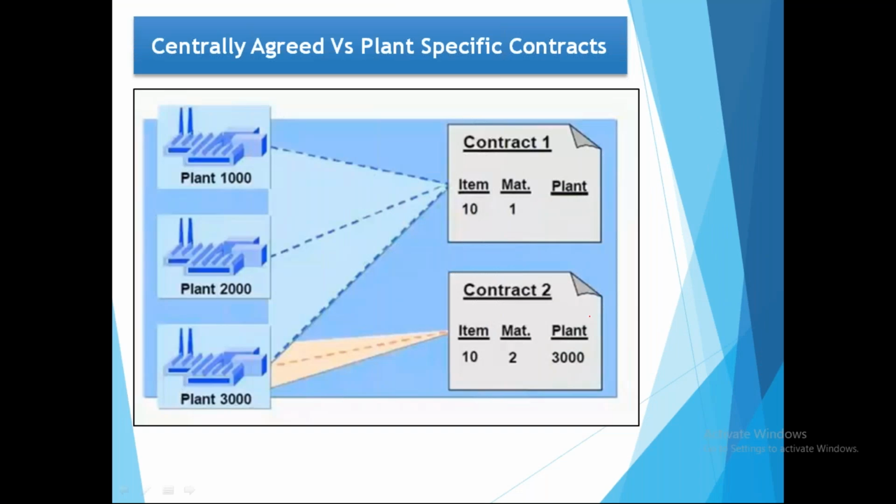You can create a centralized one, which means that contract can be applicable to multiple plants, whereas you can create a contract specific to a particular plant. If you are creating the contract specific to a plant, on the screen you will enter the plant number. If you are creating a centralized contract, you don't enter any plant here. Keep it blank.